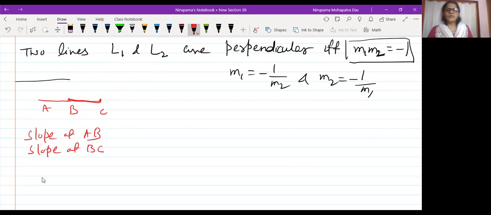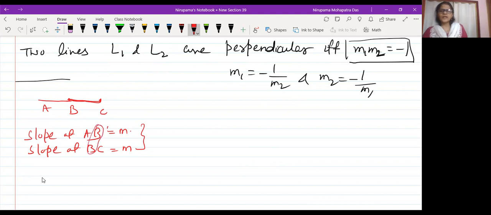If the slopes are equal, suppose it is m and this is also m, it means ideally AB and BC should be either parallel or coincident, but AB and BC cannot be parallel because B is the common point.